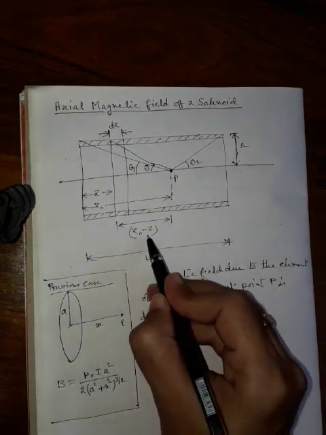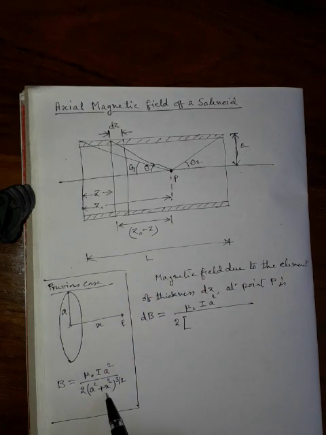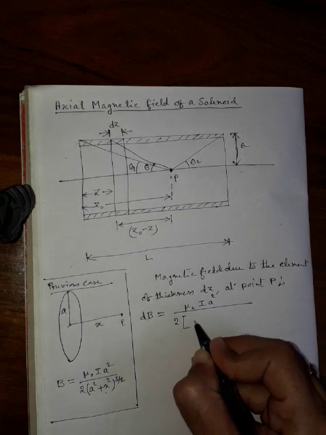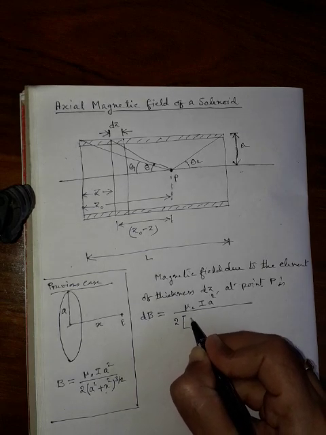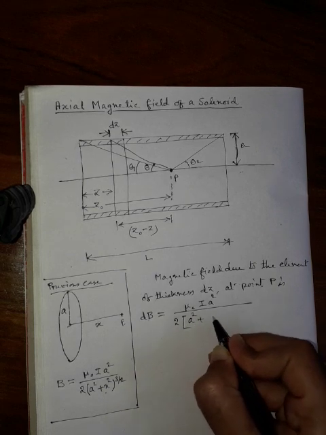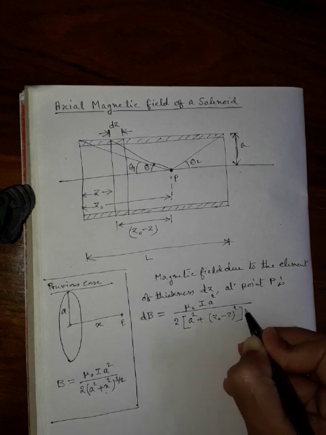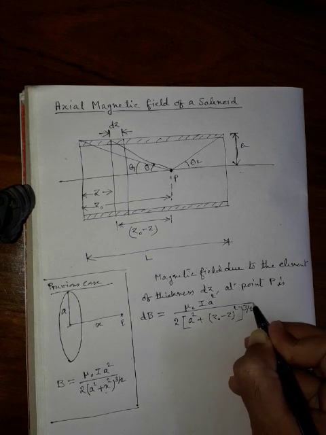We will replace this z0 minus z in the place of x. So we can write a square plus z0 minus z whole square whole to the power 3 by 2.